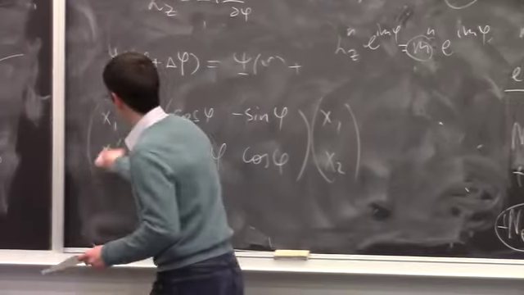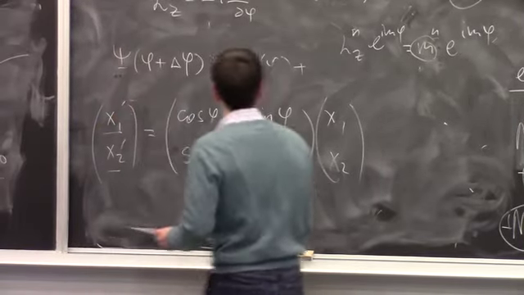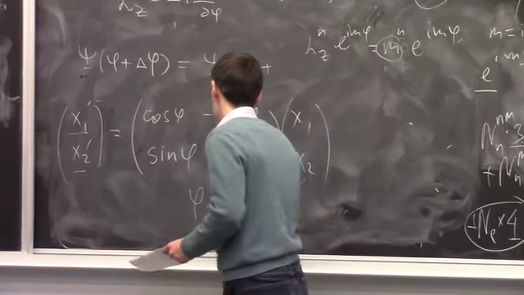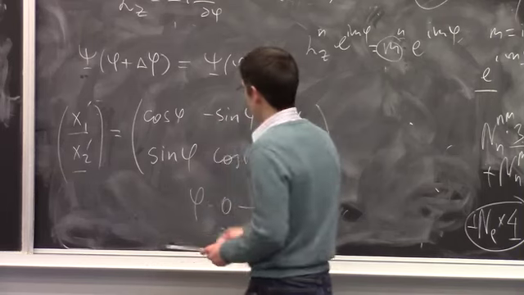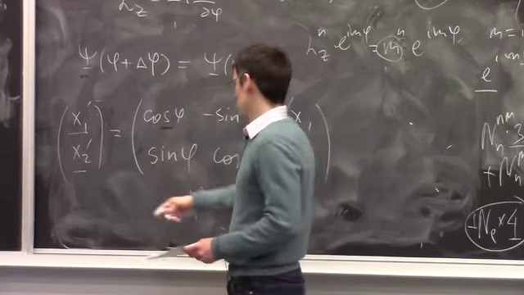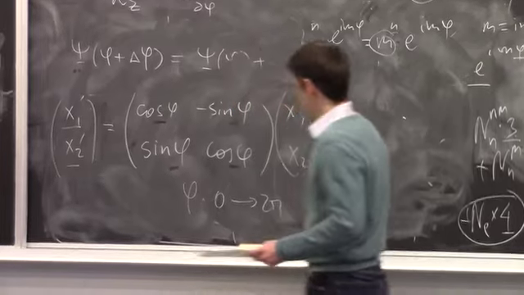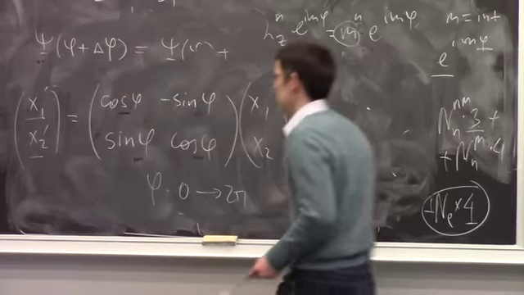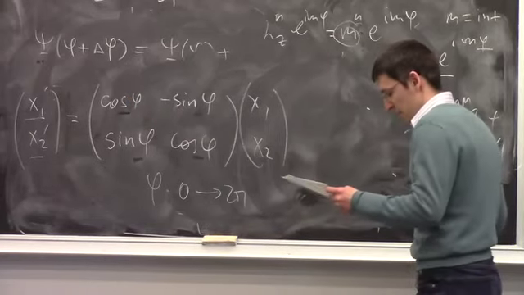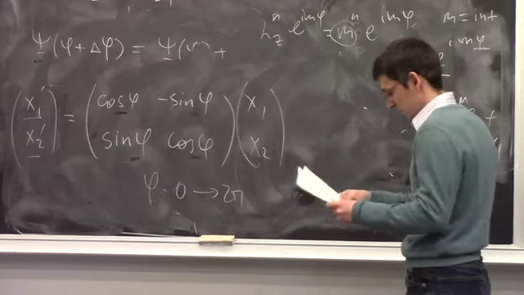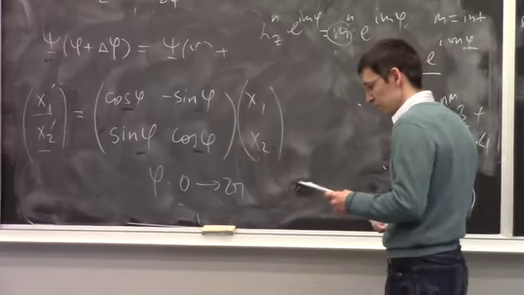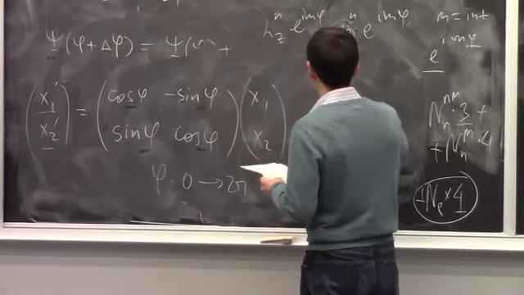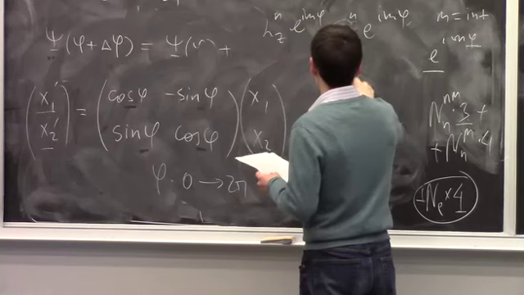These are the new components of our vector, right? And you can see, if phi goes from 0 to 2 pi, what happens to cosine? Cosine turns into 1, 1, 0, 0. So essentially x1 and x2 will come back to x1 and x2, right? But that's the rotation. Now let's see what's going to happen to our x1 minus i x2.